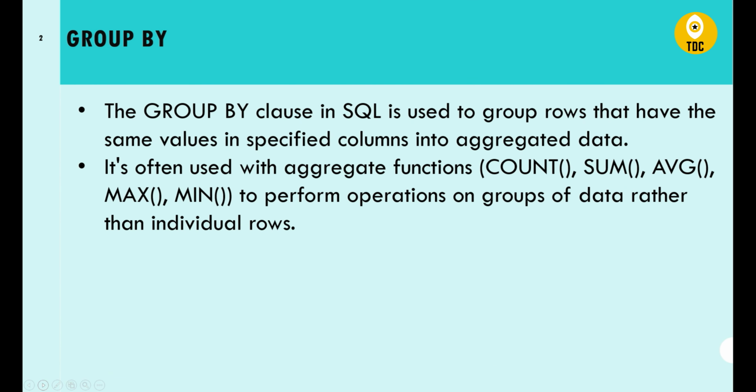Understanding group by: we call it a clause, and we need to understand this very importantly. It is a clause in SQL used to group the rows that have the same value in a specified column into aggregated data. Suppose there is an employee ID 100, an employee name ABC, and a location L1.